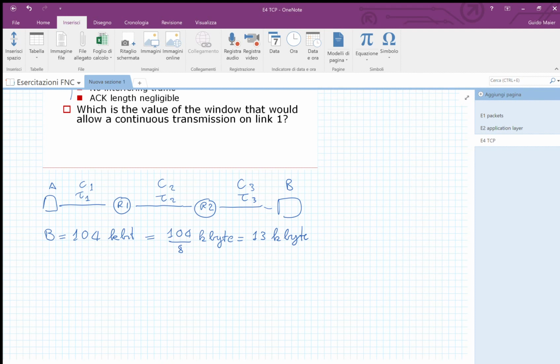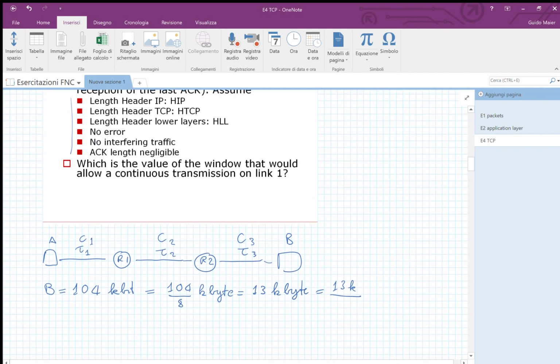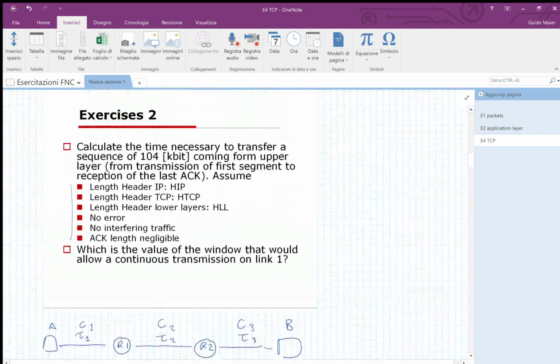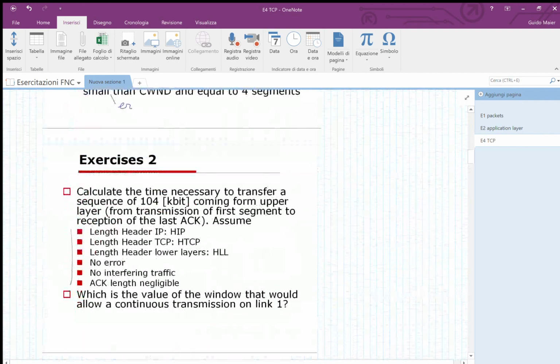How many segments is 13 kilobyte? We have to divide it by the maximum segment size, which was 250 bytes.